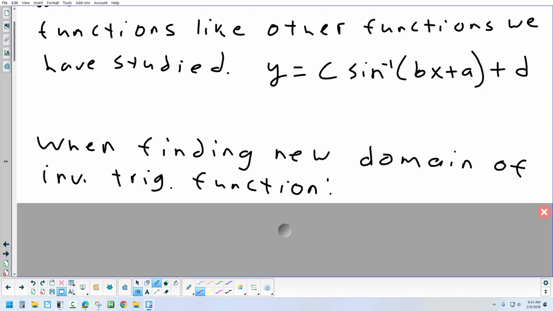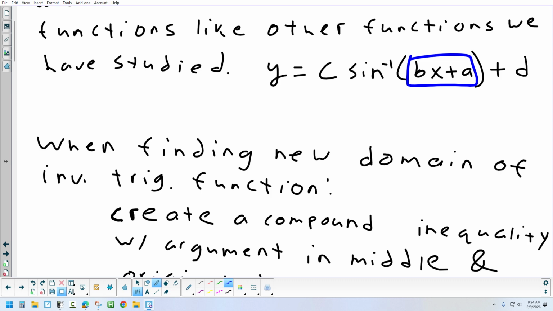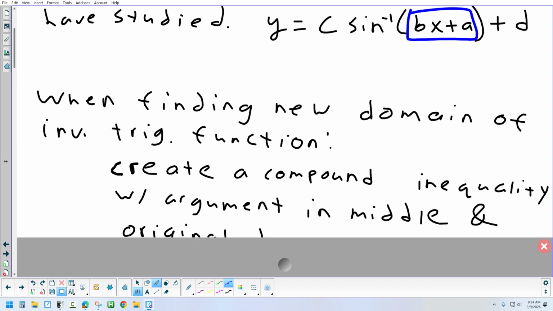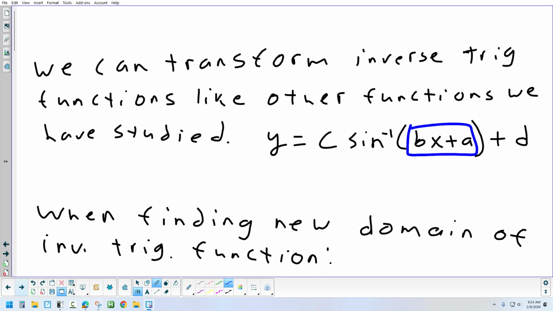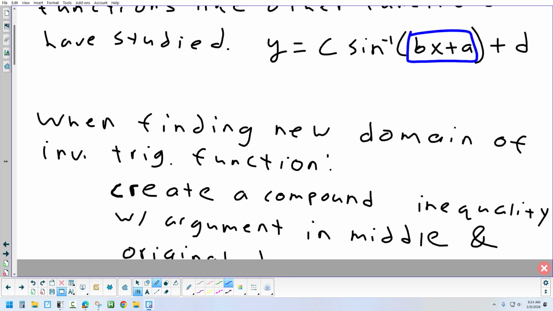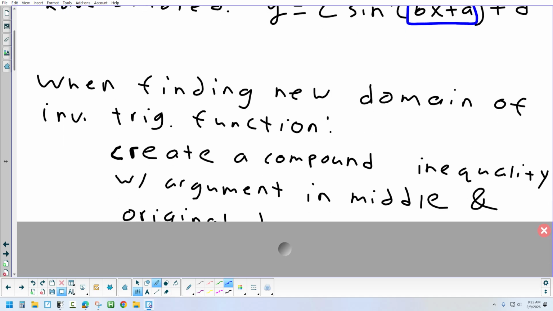So what we're going to do when we're focusing on the domain, we're going to start with this. You're going to take what's in that blue box, and you're going to create a compound inequality. Just like these. These are all compound inequalities. You're going to put what's in that blue box in the middle. That's the argument. But when you have a compound inequality, you have a middle.